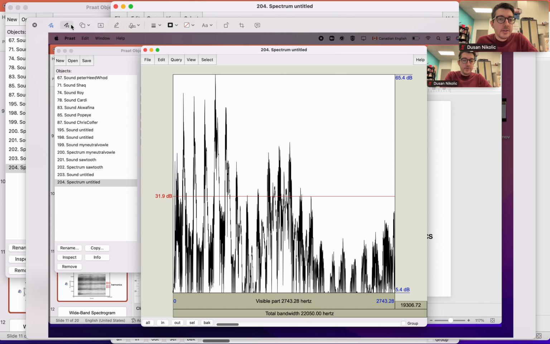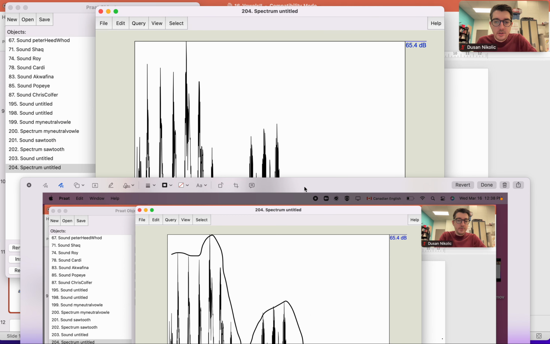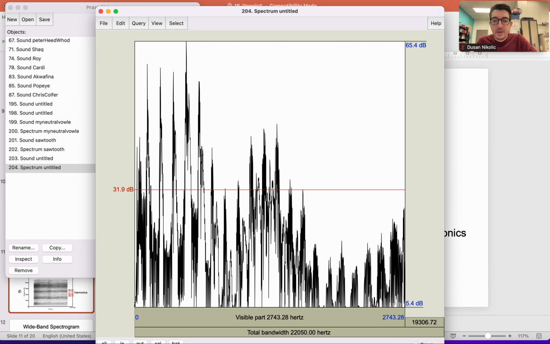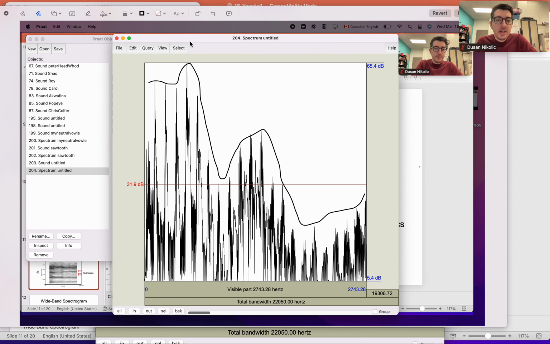Let me draw a little bit. Okay, I have the two of these, and the first one is F1, second one is F2, and the third one is somewhere here, like F3.